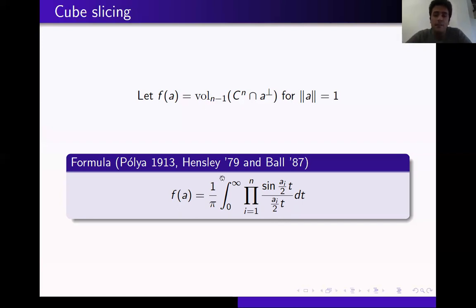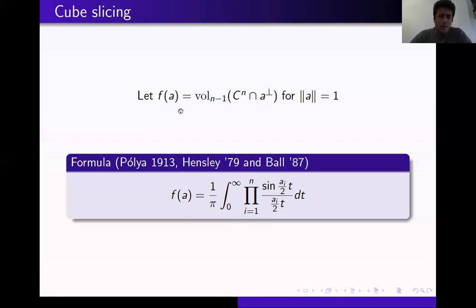Essentially, one can prove easily that f of A coincides with 1 over pi integral from 0 to infinity of the product of sine of t A_i over 2, divided by t A_i over 2, where A1, A2 up to AN denote the coordinates of the normal vector A. This formula can be proven very easily by using some basic probability and the Fourier transform and the inverse Fourier transform. Very simple.